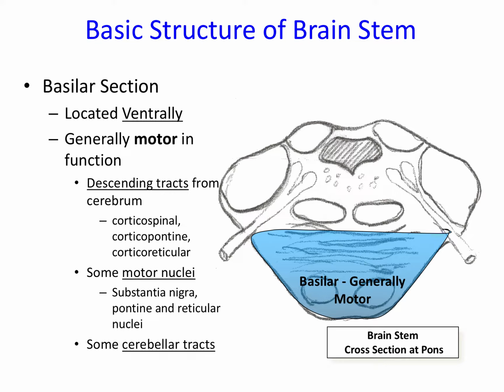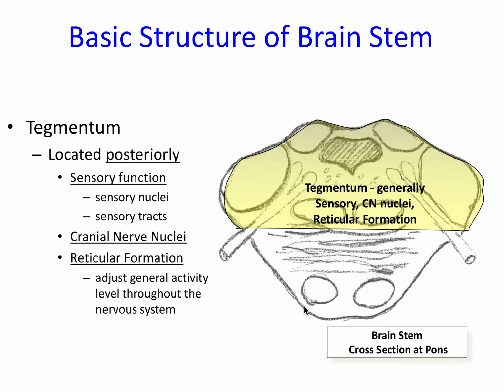And there are then some of your pontine and reticular nuclei in this basilar section. Then we have some of our cerebellar tracts that are going to be progressing through this ventral section, though they tend to find their way more dorsally in order to get up to the cerebellum as well. However, we just generally talk about the basilar section being more motor in function.